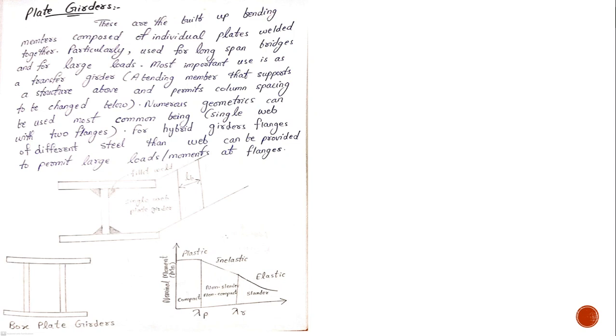So it is a flexure member, but a very big flexure member compared to the ordinary flexure members we have in our buildings, which are beams. Conversely, this plate girder is a very long flexure member.